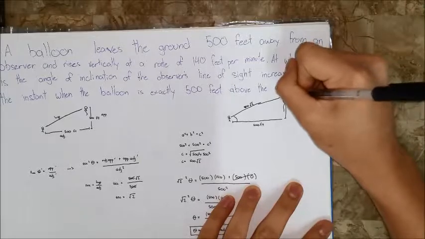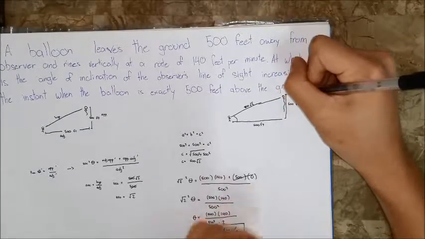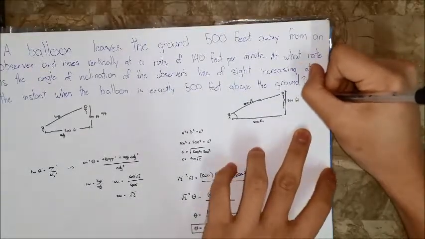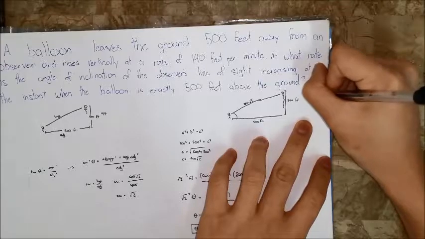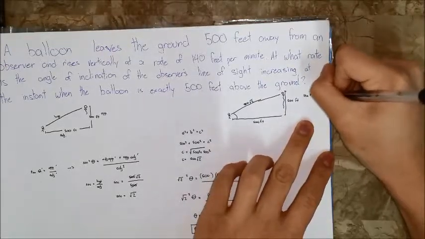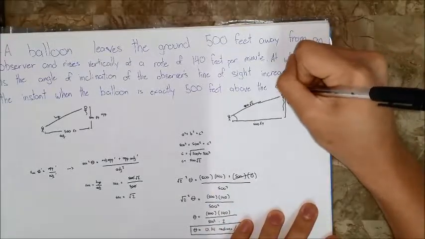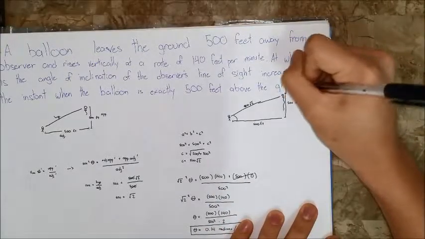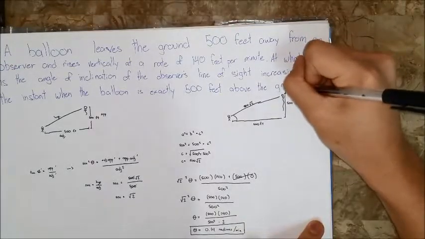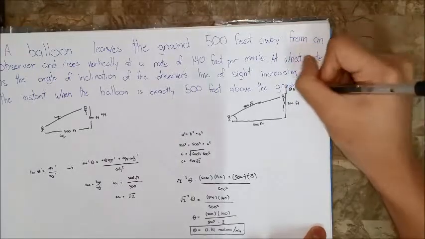As the balloon moves 140 feet per minute, as 1 second passes, it is already 640 feet above the ground.